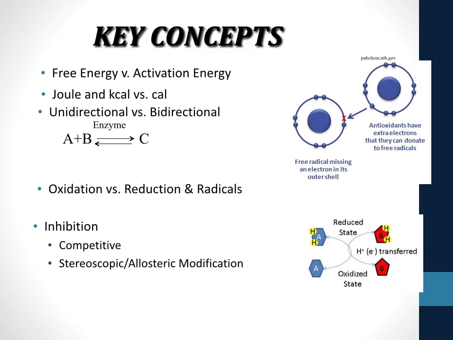Reactive oxidative species is where I have an element that has an electron spot that's free. When it has an electron spot that's free, it's not happy, and it wants to find its happy place. And the way in which it finds its happy place is it tries to strip electrons from somewhere else.